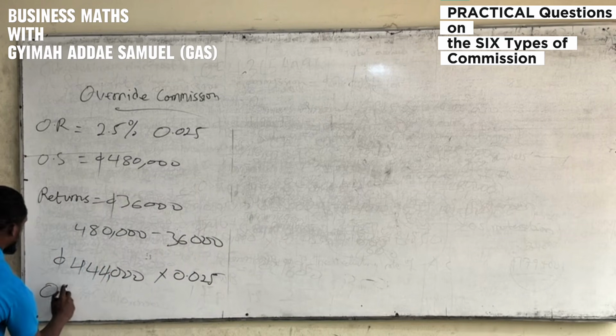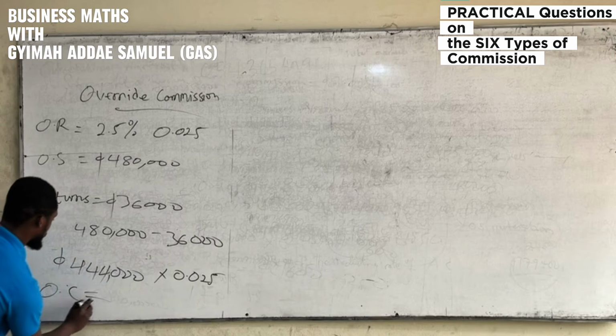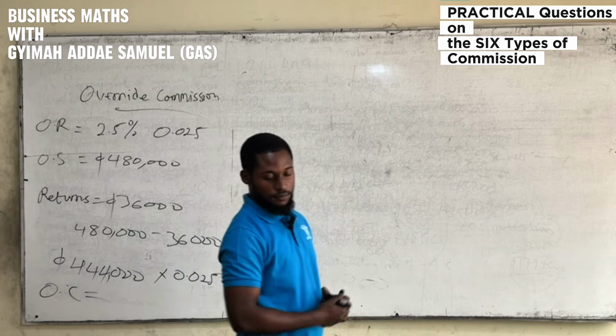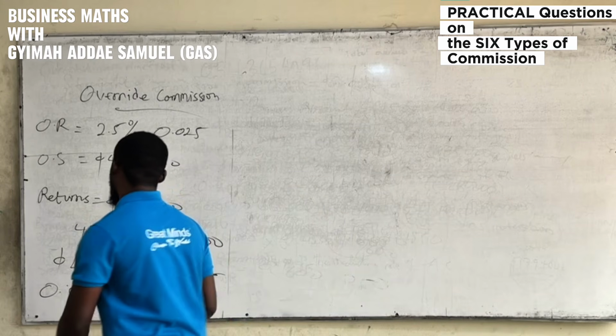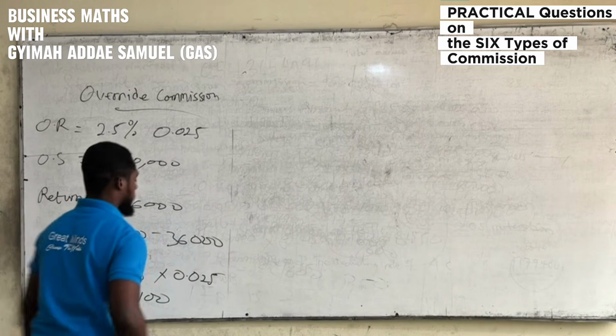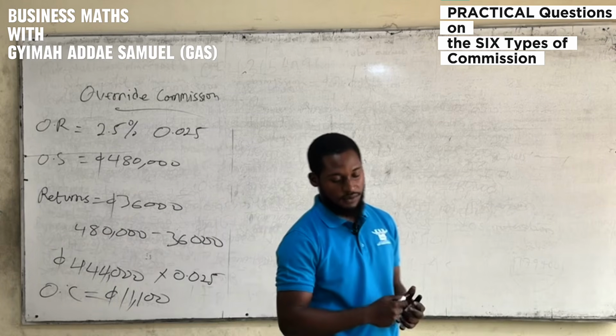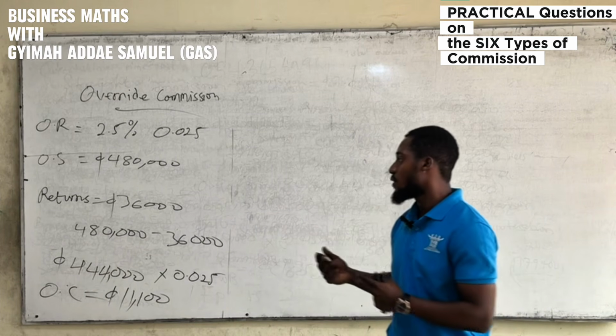And when we do so, override commission, OC, becomes 11,100 Ghana cedis. So this is how the override commission is solved and computed.